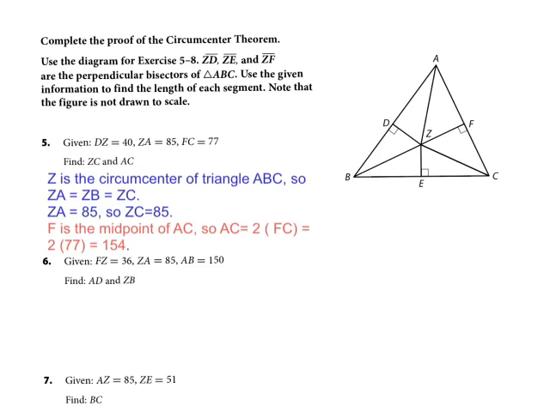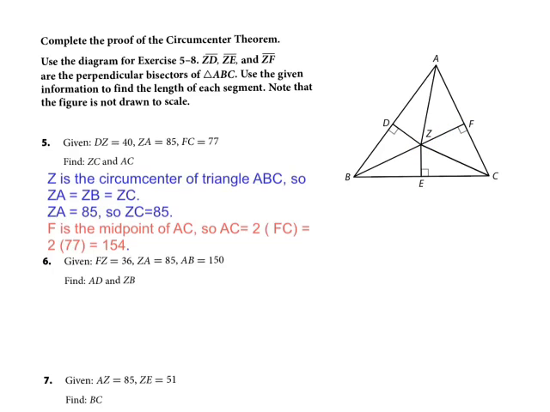Before we get started with number 5, it is a very good idea for you to go to the picture and mark what you know. You already know some things are congruent because we have perpendicular bisectors. Now, they mention here that ZD, which is this one here, and ZE and ZF are perpendicular bisectors.